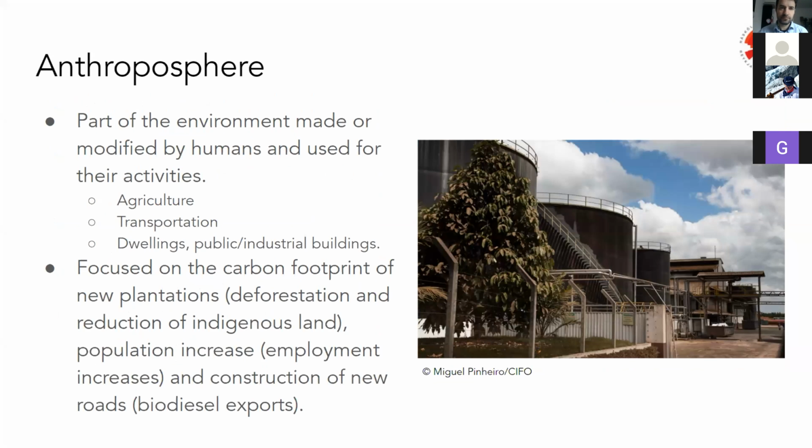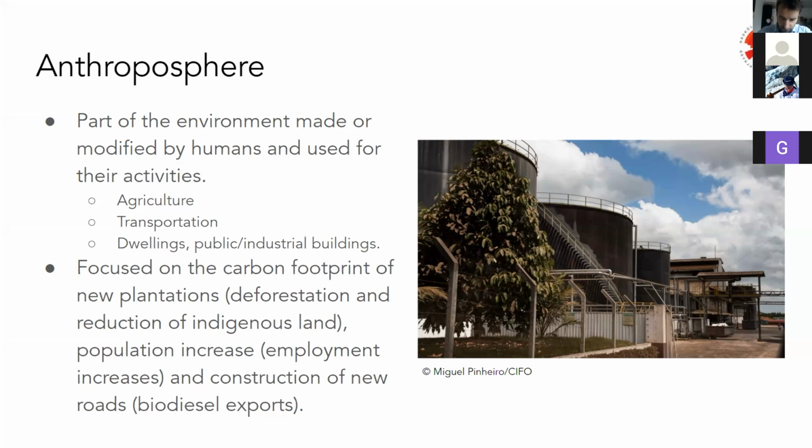Moving on to the Anthroposphere. This, of course, includes all the parts of the environment that have been affected or modified by humans and used by our activities. So when we talk about the agriculture itself, the actual palm oil production, the transporting of the goods, and the buildings that people live in, things of that nature, when they're actually working.